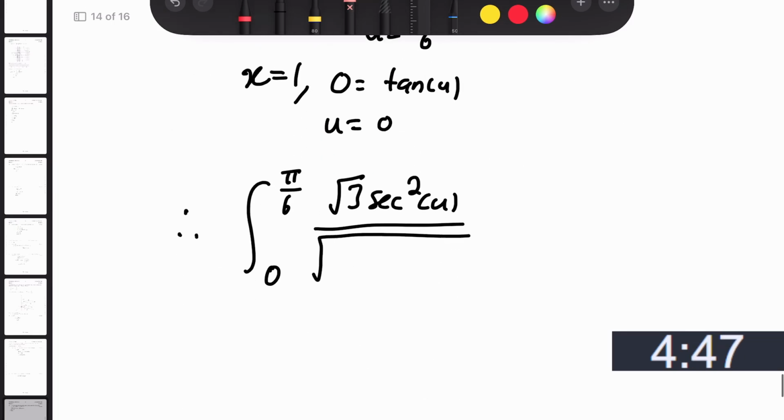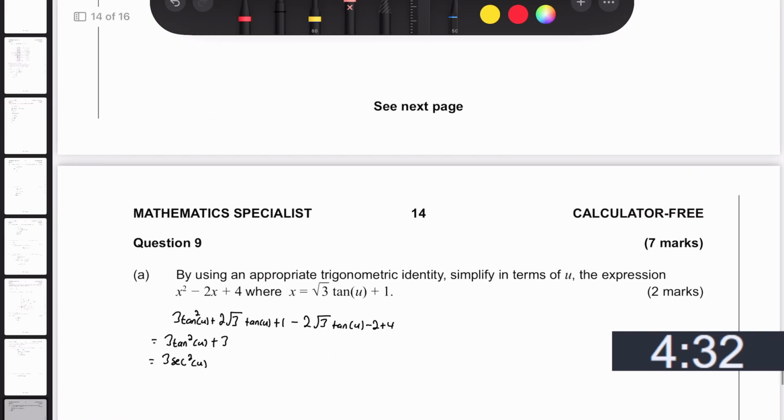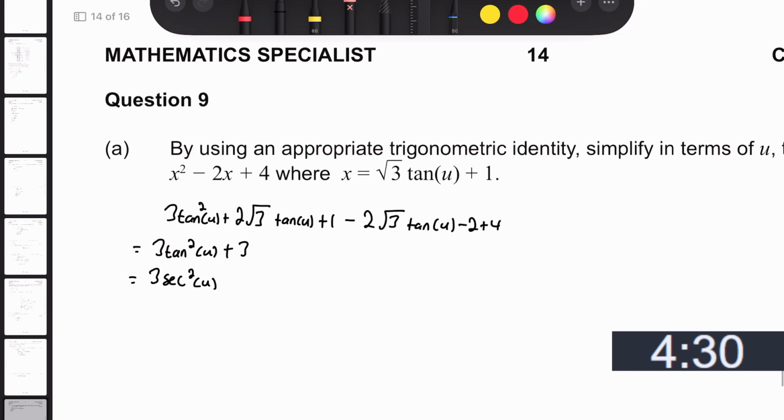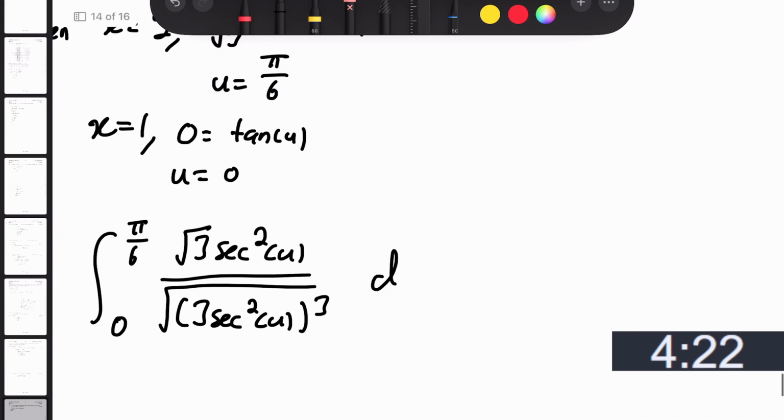So square root of 3 secant squared of u to the power of 3, du.